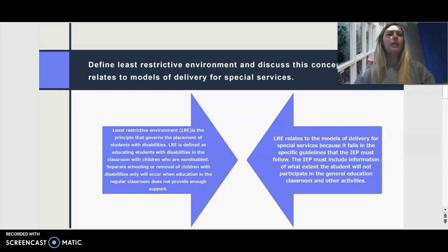The LRE relates to the models of delivery for special services because it falls within the specific guidelines that the IEP must follow. The IEP must include information on to what extent the student will not participate in the general education classroom and other activities. The IEP team must have information on the effects of the student's disability and their ability to participate in the general curriculum.